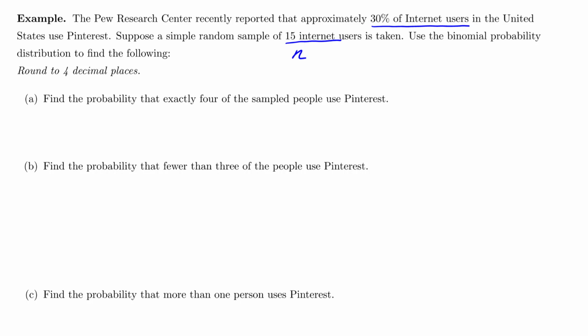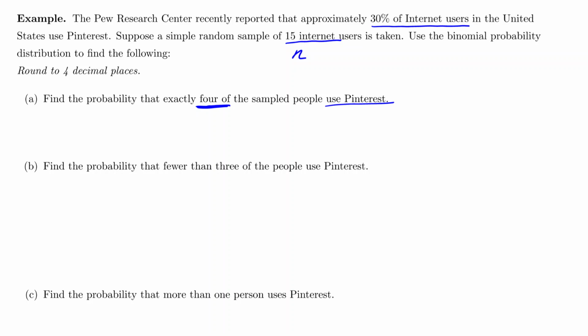First, it's asking: find the probability that exactly 4 of the sampled people use Pinterest. So the main question of binomial probability problems is, out of n trials, what's the probability of getting x of them as a success? Here it's asking, if I select 15 people, what's the probability that exactly 4 people use Pinterest?